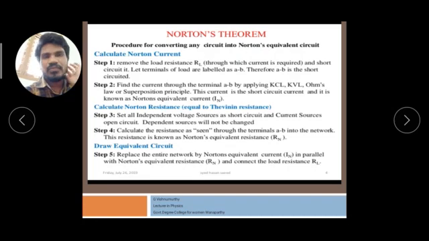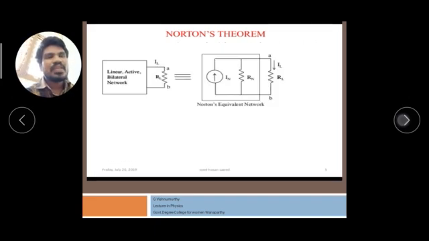First we calculate the Norton current, then the Norton resistance. The Norton current is connected in parallel with the Norton resistance, and the load resistance is connected across the terminal. That final network is called the Norton network or simplified network.